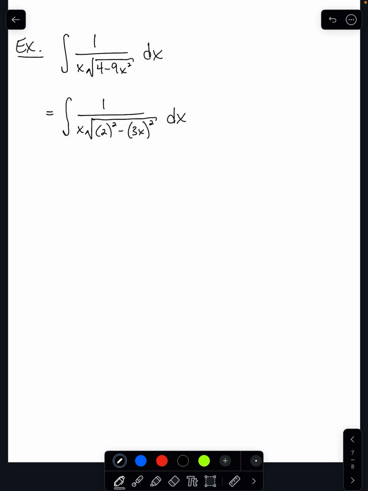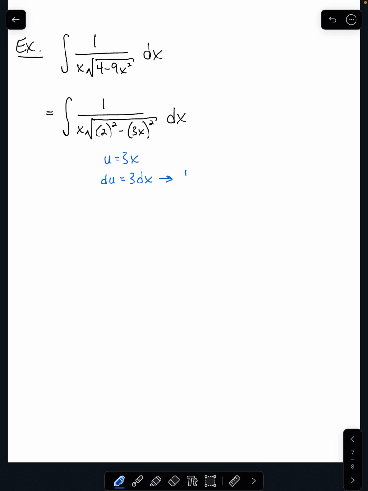A little bit of substitution here to help us out. u is equal to 3x, so that du is equal to 3dx. Since there is a lack of a factor of 3 to take out, we can divide both sides by 3 and have 1/3 du is equal to dx.